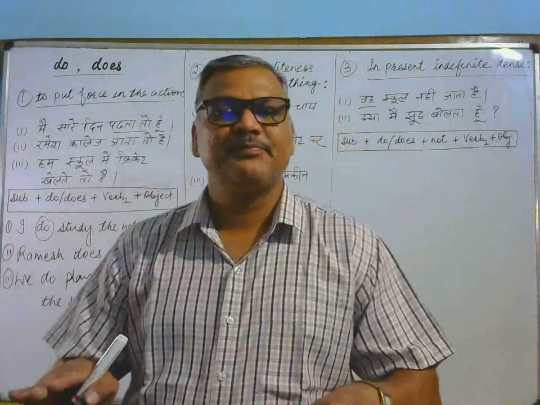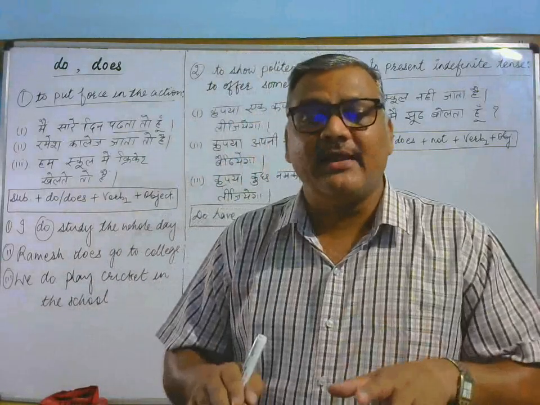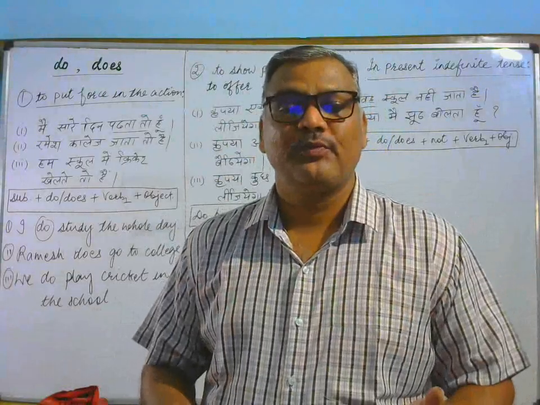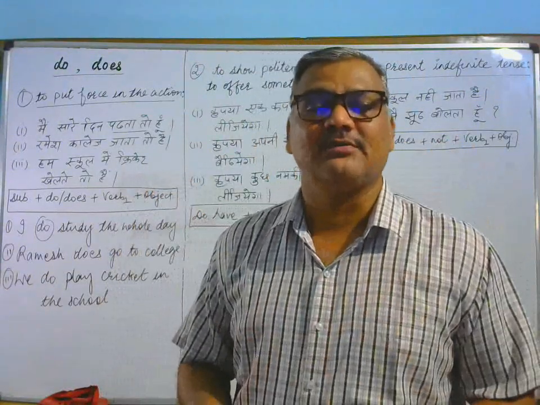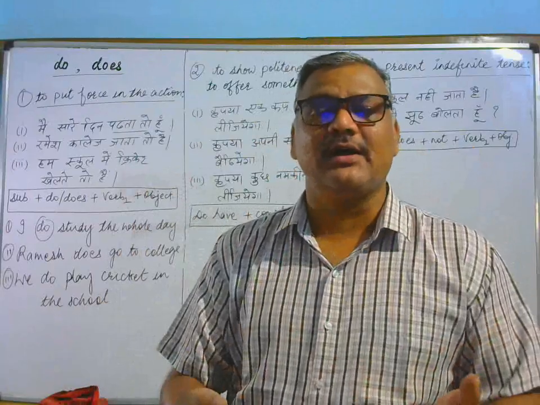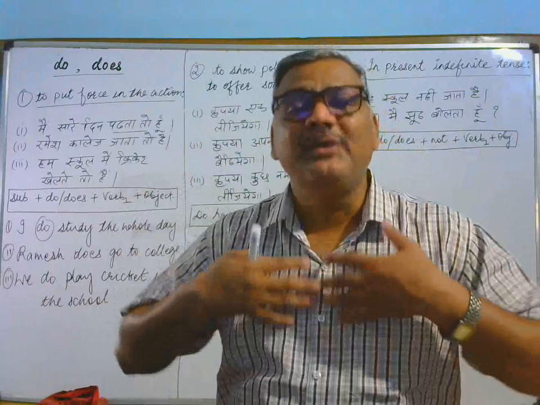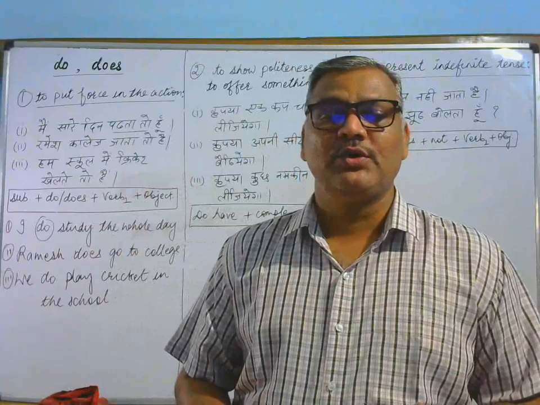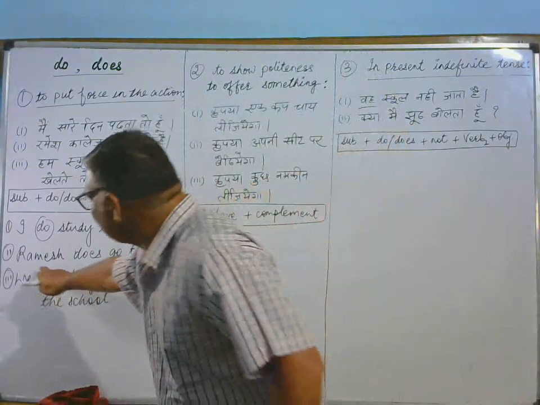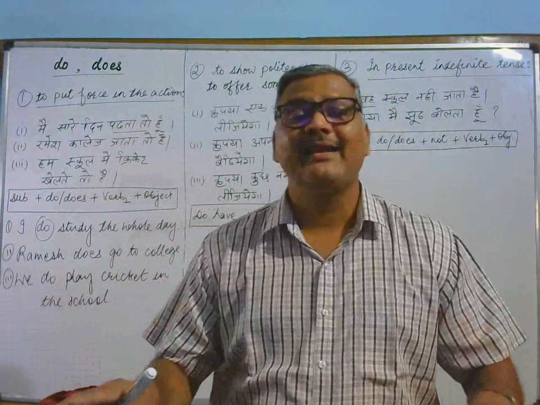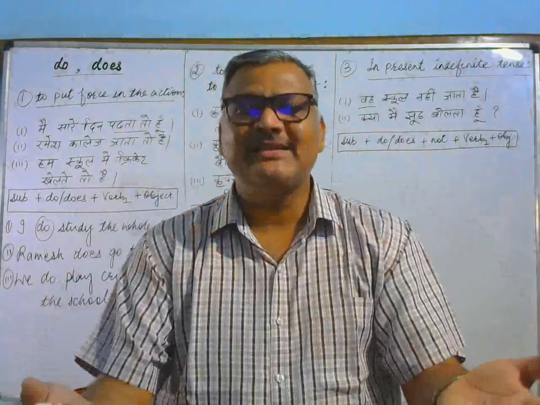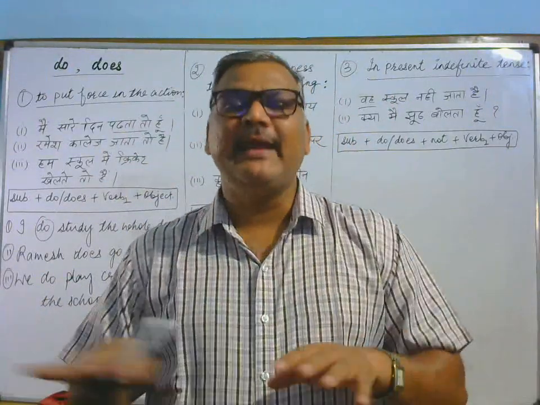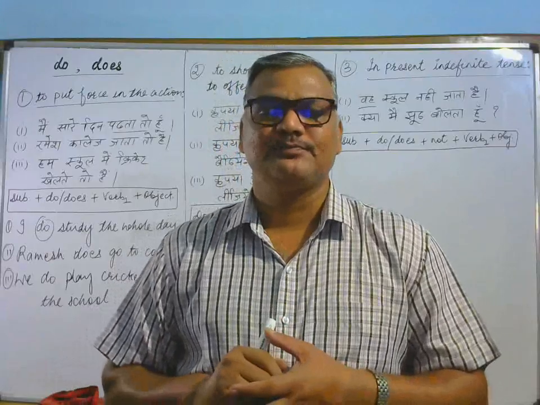So here also, we do play cricket in the school. It means we want to show our emotion. We want to put force on our action. We want to show the listener that definitely we play cricket in our school. If we don't use do and simply say we play cricket in the school, it means we just want to convey the message to the listener that we play cricket in the school.